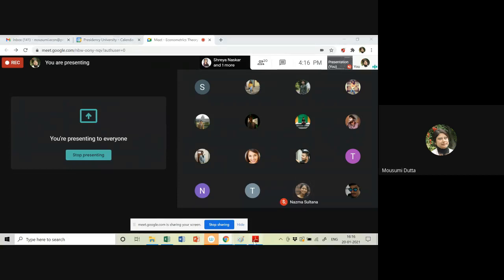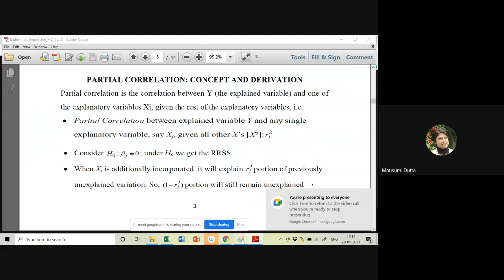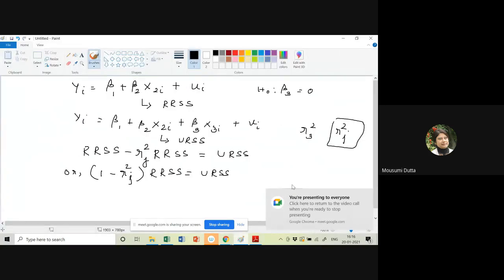It is equivalent to the partial correlation, it is R3 square in this particular case. And this is equal to actually R square y x3 dot x2. Okay, R square y x3 given x2. This is the Rj square or R3 square here. Now you got it? Yes, ma'am.